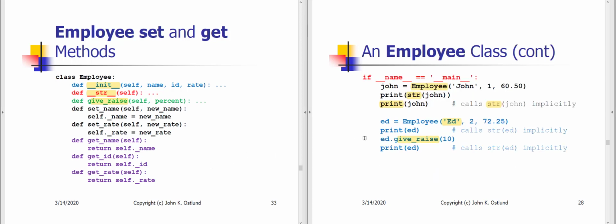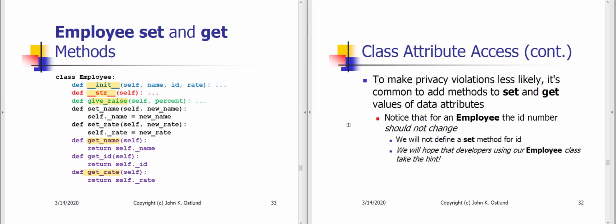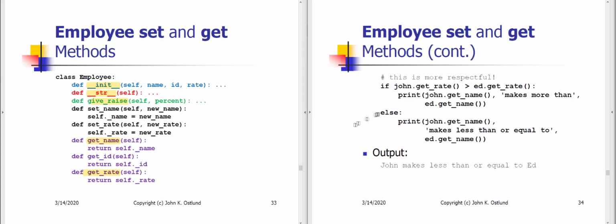All right, now that we have added get name and get rate, we've now made it possible for an application developer to call those functions rather than directly accessing _rate and _name.